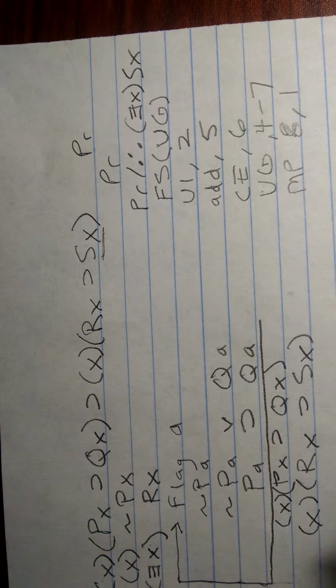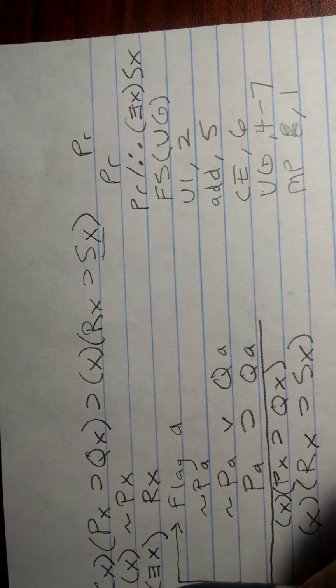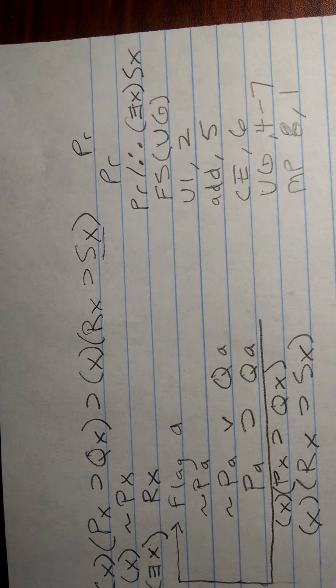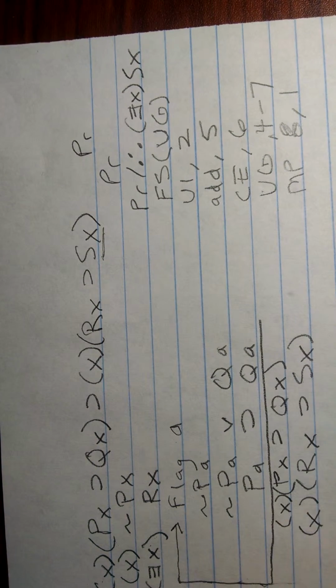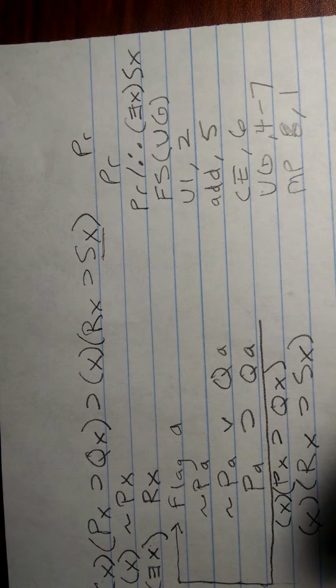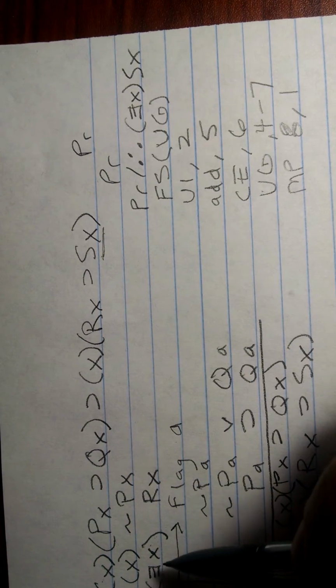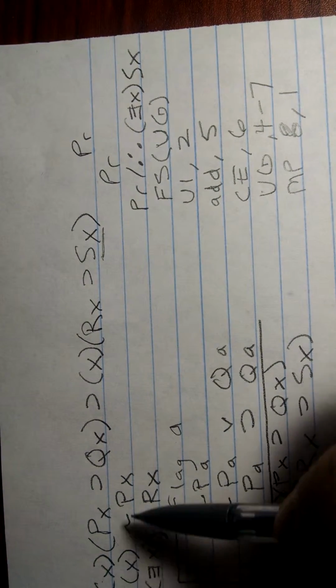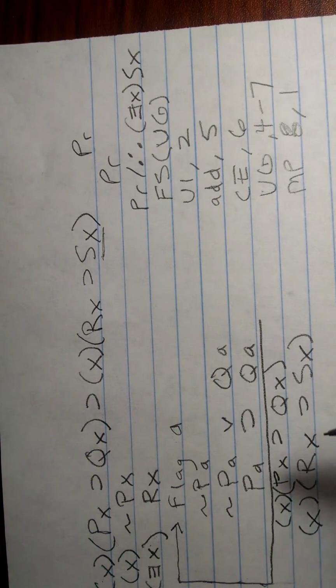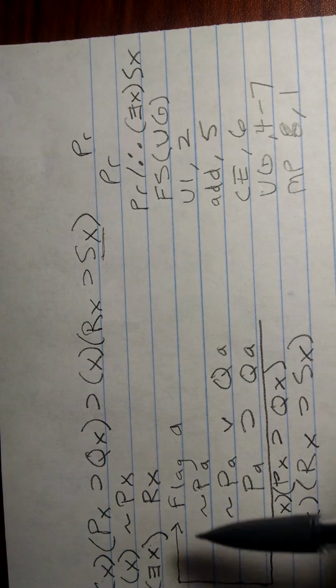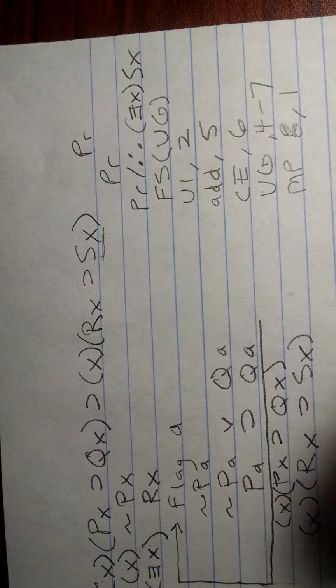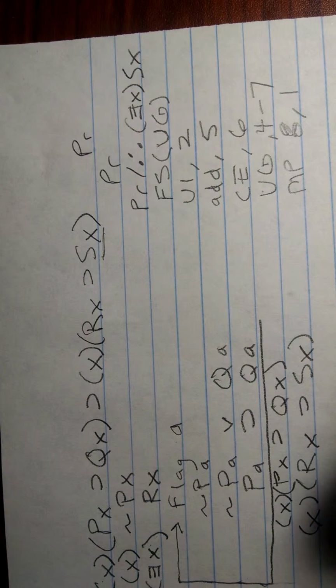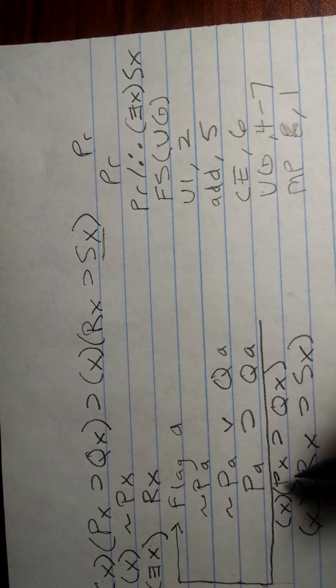Now here you'll always want to do your existential instantiation first, because if we did our universal instantiation on this, then we'd have to use a new constant. We want to use the same constant. So let's do RB, since we have to pick a new constant.